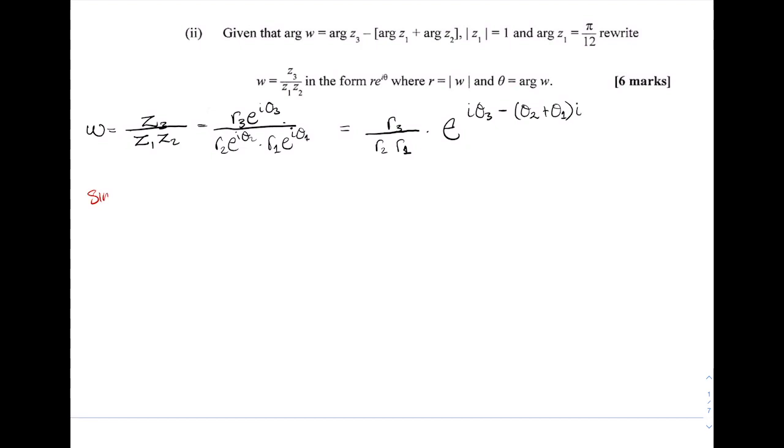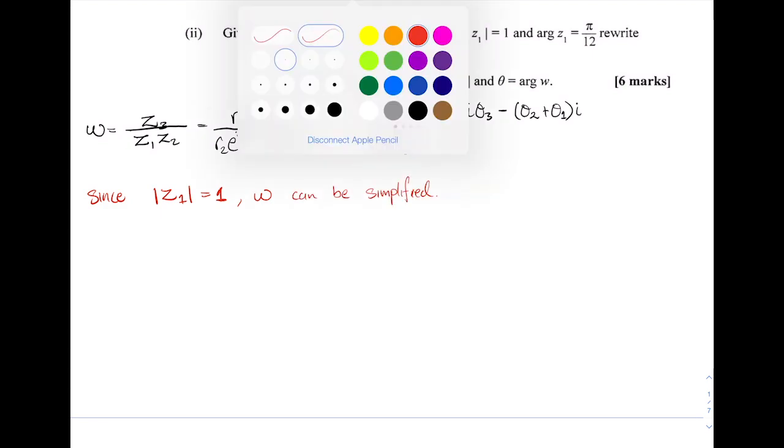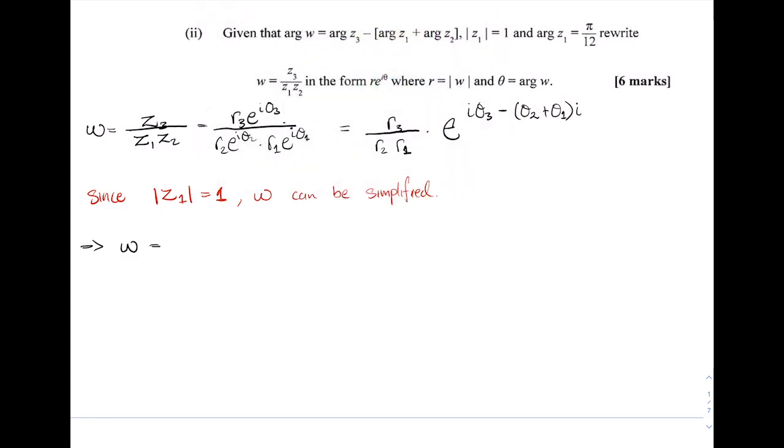This can be simplified further based on the fact that the modulus of Z1 is equal to 1. So W is actually equal to R3 divided by R2 times e to the i theta 3 minus i theta 2 minus i theta 1.